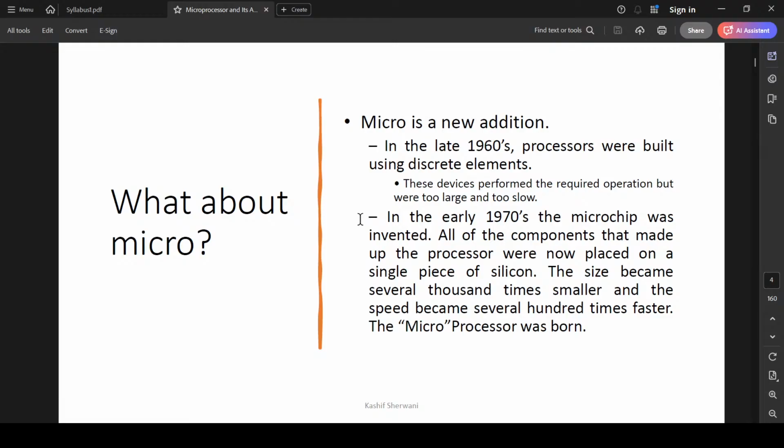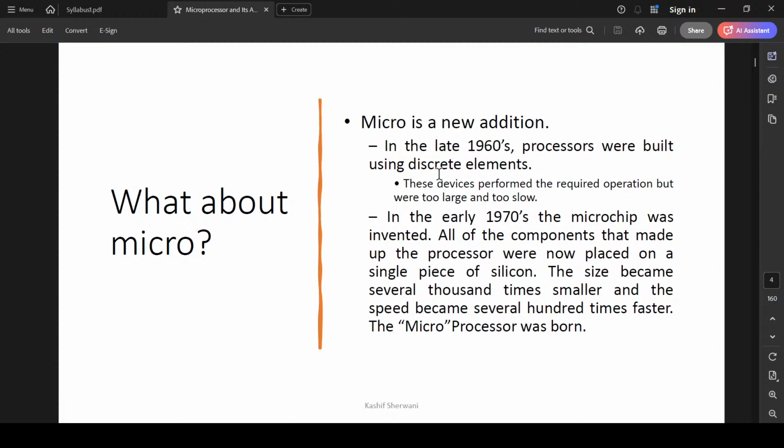From this company, the founders and the employees, a few people, divided into two teams. One team founded Intel, and the other founded AMD. Both of these are leading companies in processor technology. So, micro is the new addition.